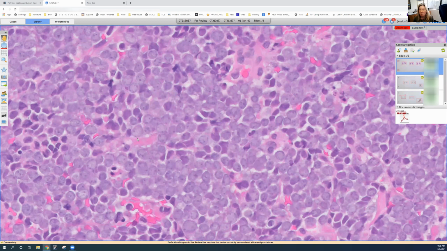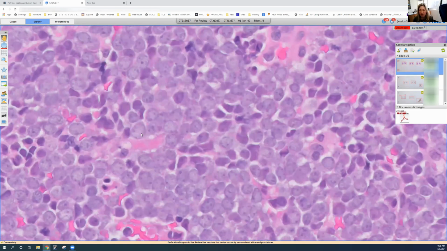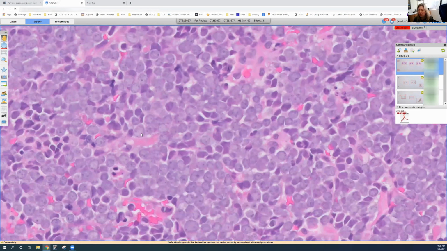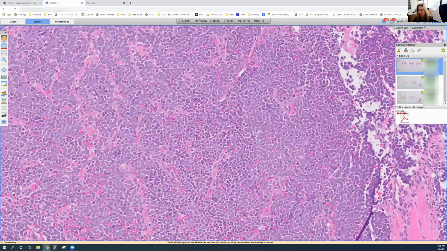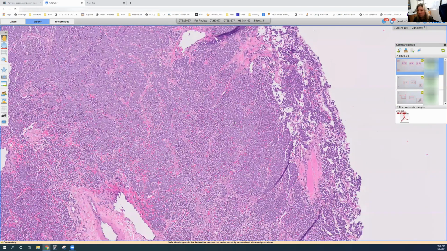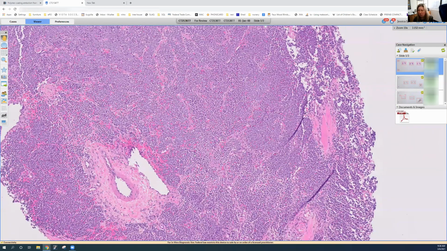The nuclei are fairly pleomorphic, and they have what we call salt and pepper chromatin, small nucleoli, and this kind of granular blue chromatin. And they're not sticking together very well, these cells. Not really making nests, more like aggregates.